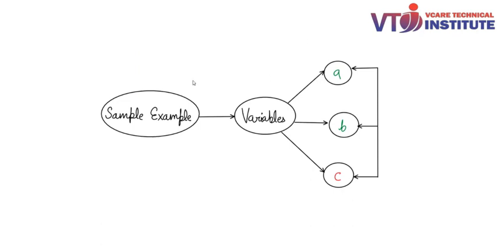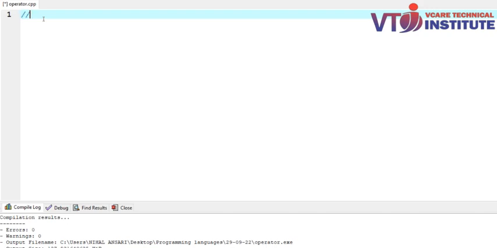In this sample example, we have three variables a, b and c, and we are checking the condition for each one of them. So let's go to a compiler and make a program on the working of logical operators.